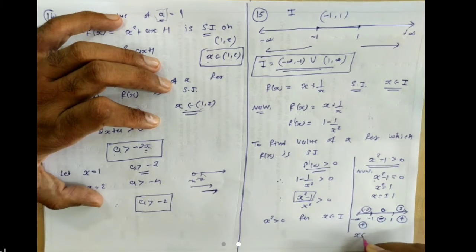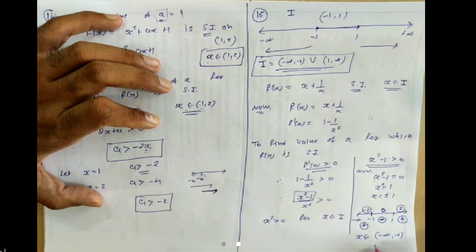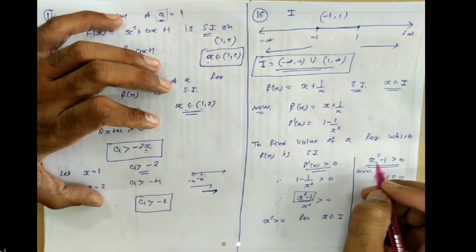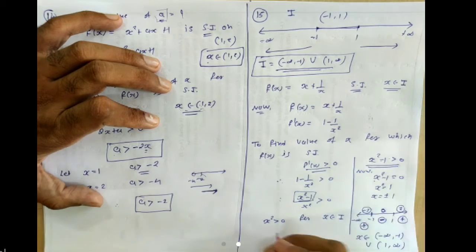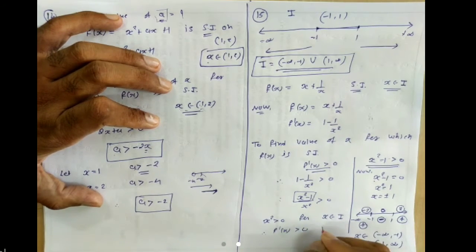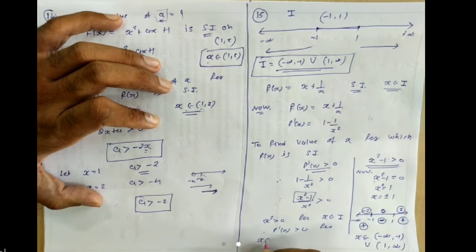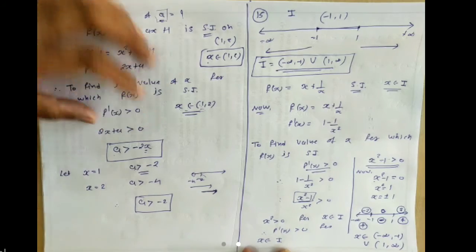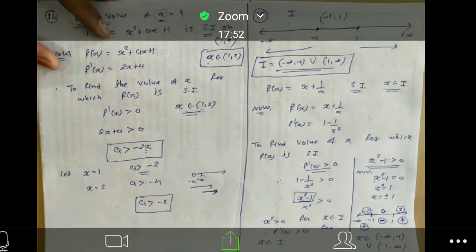So for x belongs to minus infinity to minus 1 union 1 to infinity, x square minus 1 will be greater than 0, so f dash x will be greater than 0 for x belongs to I. What is I? This given interval, x belongs to minus infinity to minus 1 union 1 to infinity. Clear?